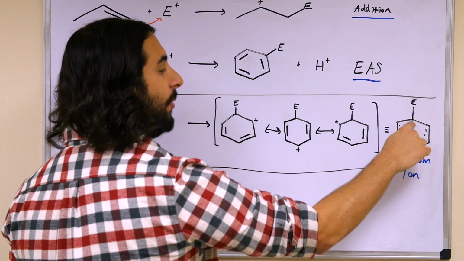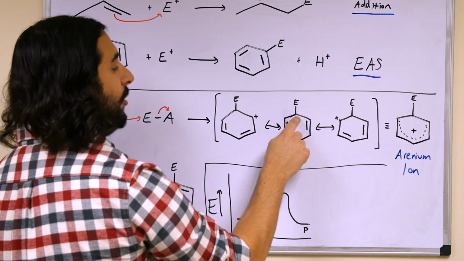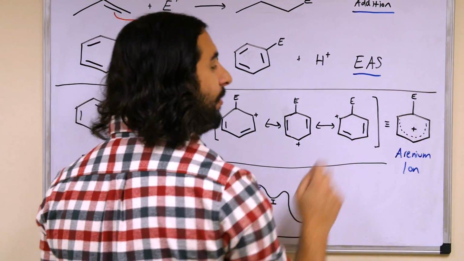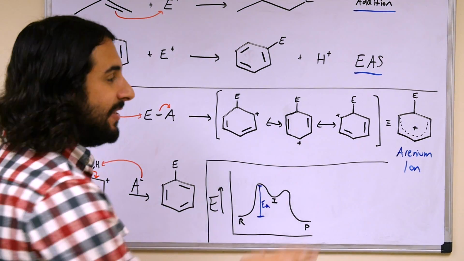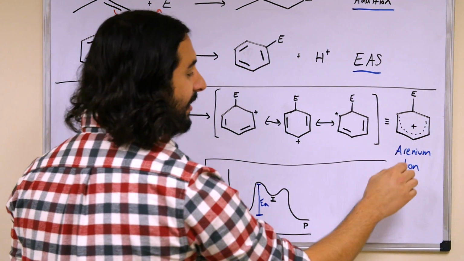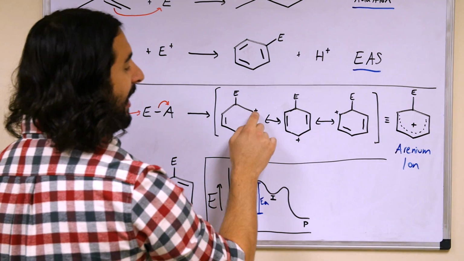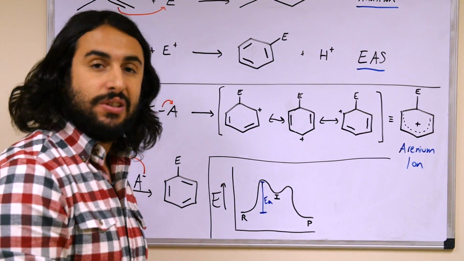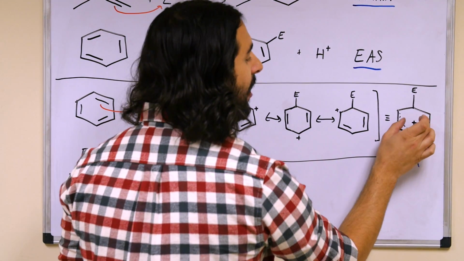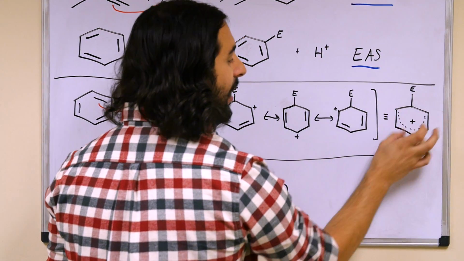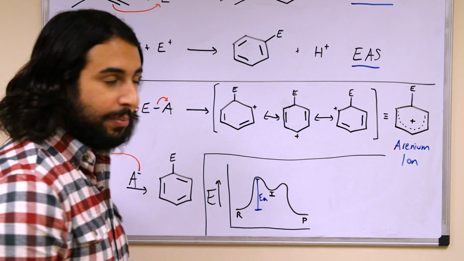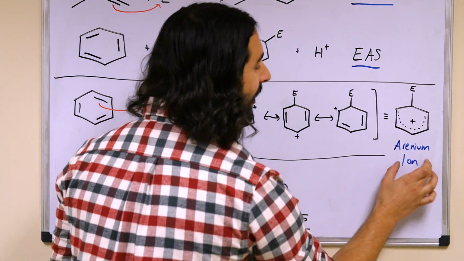However, it does not reach the carbon that now has the new electrophile on there. That is sp3 hybridized and is not participating in resonance here. And so also the cation that can be found in any of these resonance structures is also delocalized. So we have delocalized positive charge and pi electron density about that portion of the molecule. That is the arenium ion intermediate.